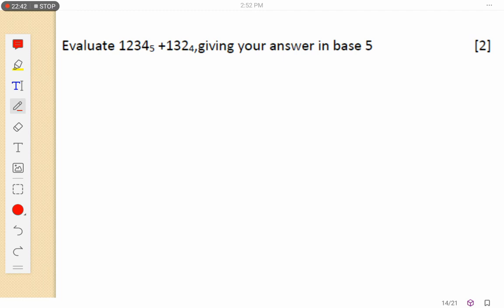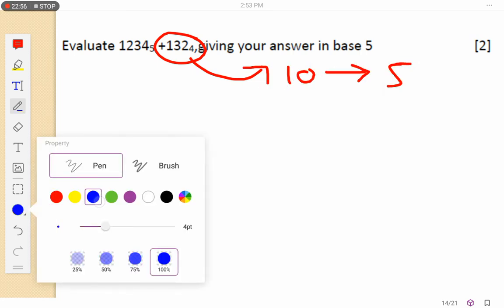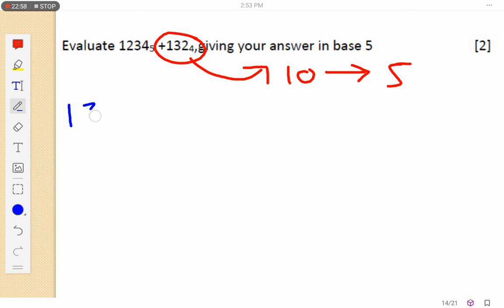So for this one, we can change either one of these. Let me change this one to base 5. So first of all, we change it to base 10, then to base 5. It's going to be a long process. So 132 base 4.